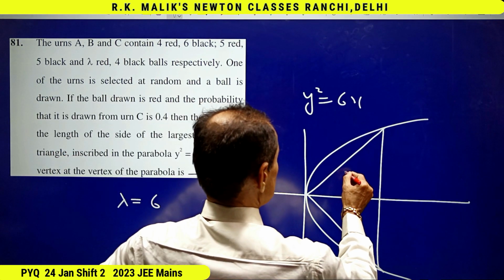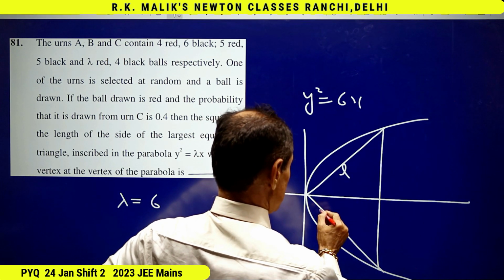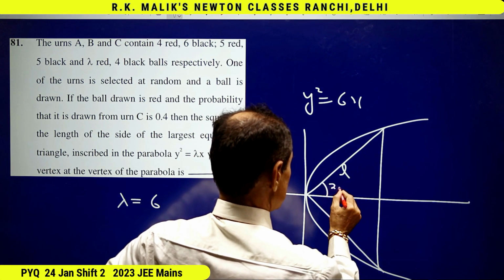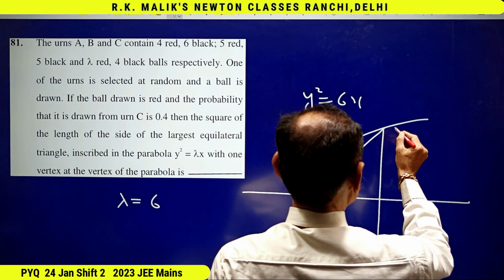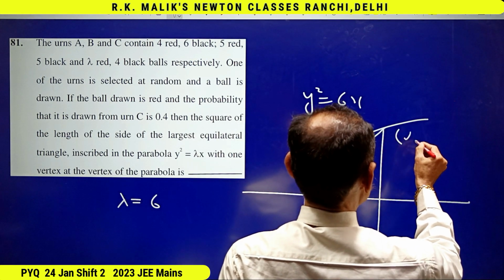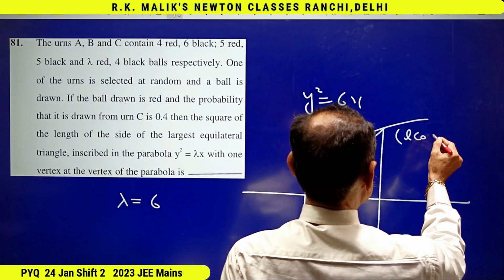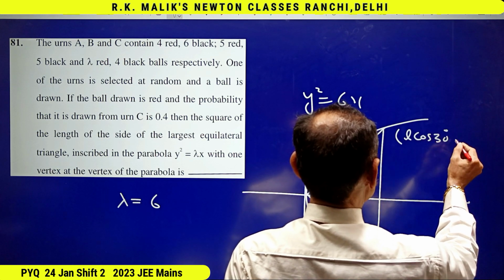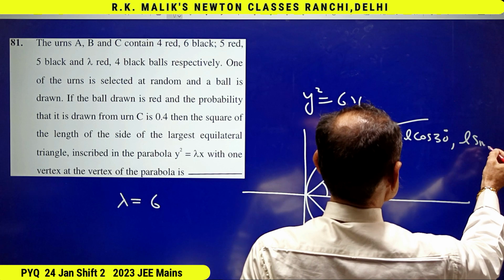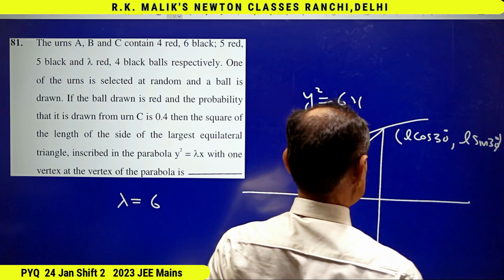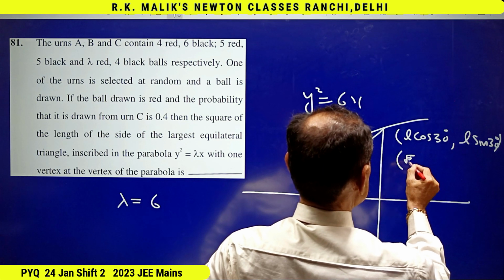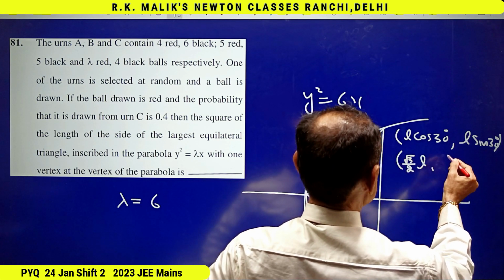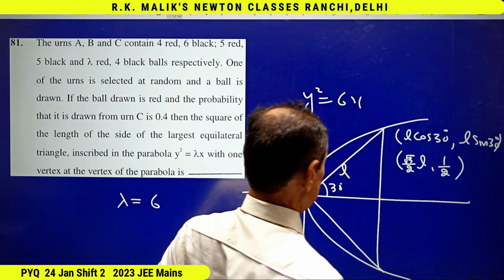Suppose this length is L, and because this angle is 60, this angle is 30, and because this length is L, this point will become L cos 30 comma L sin 30. That is, this point will become root 3 by 2 L comma 1 by 2 L.